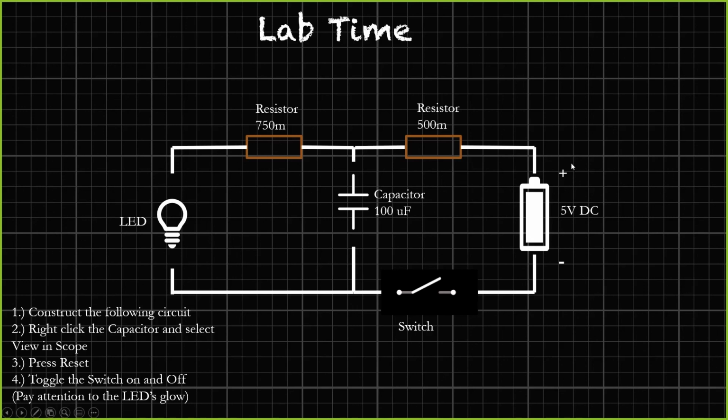I want you to make note of the polarity here. We're going to be using a switch to be able to cut the power on and off. We're going to use two resistors to try to limit the flow so we can get the most out of this capacitor. And here we have a 100 microfarad capacitor in the center. And then there's a load. It's a simple LED or a bulb.